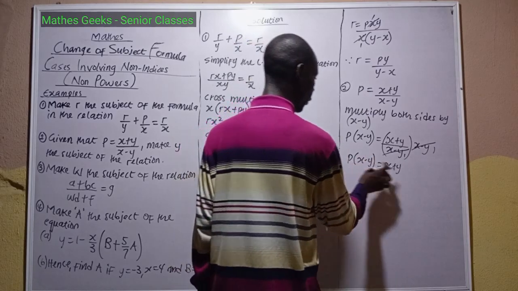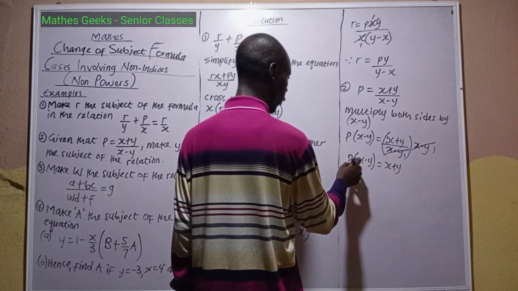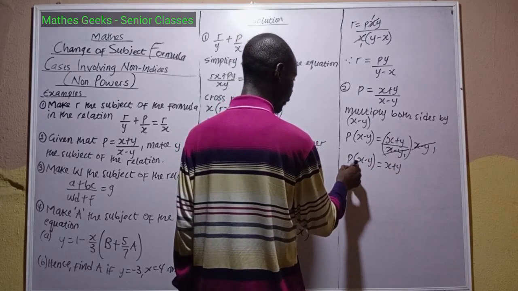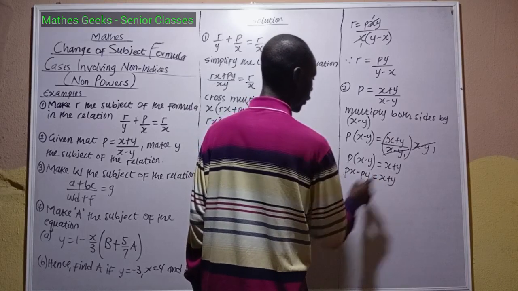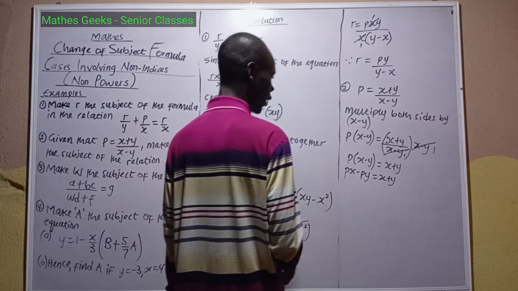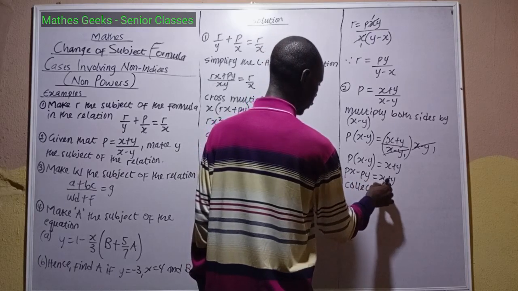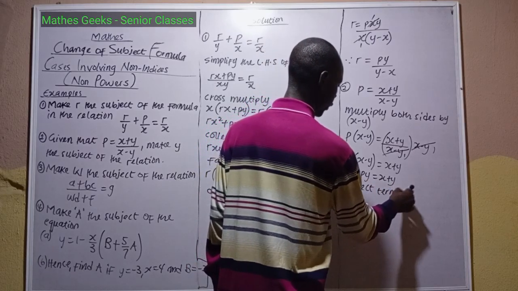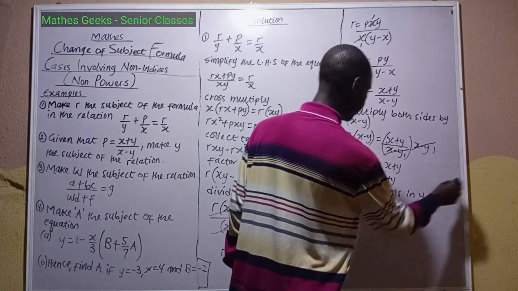Since we have to make y the subject of the formula, y is in here. Let's open the brackets so that we'll be able to collect terms in y. px minus py equals x plus y. So our next task is to collect terms in y together.